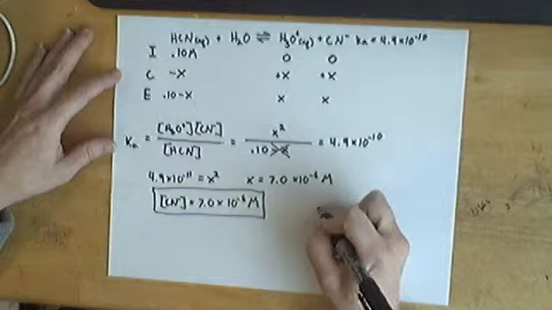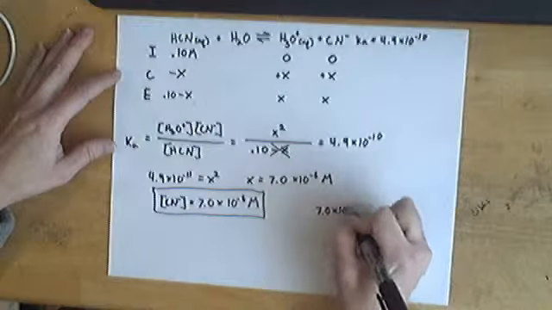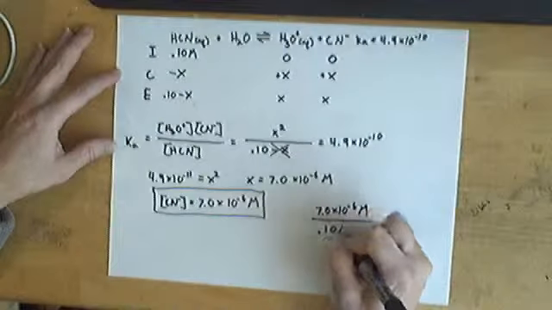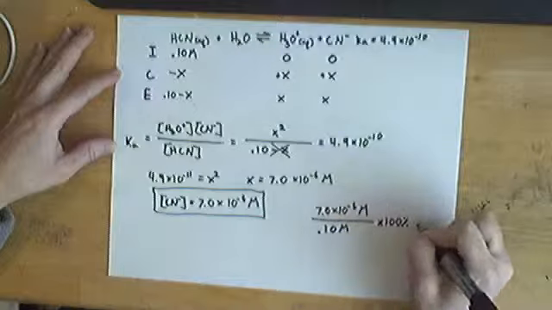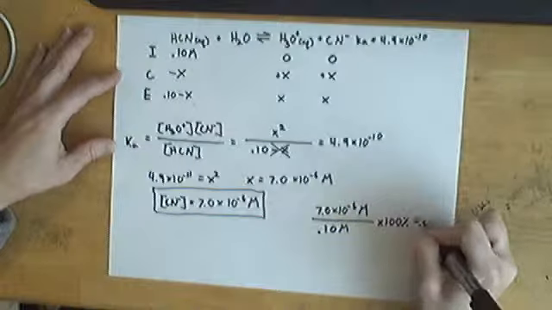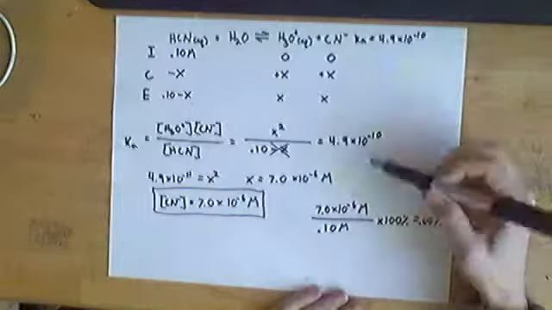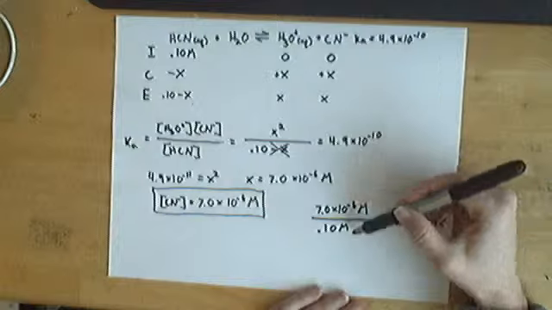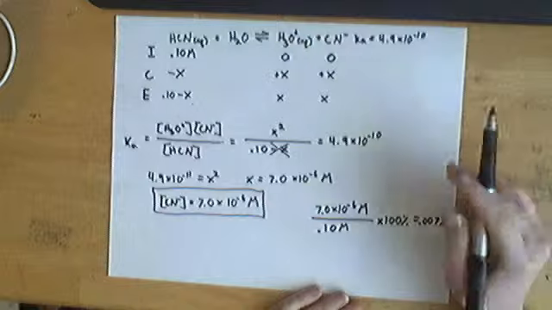So the amount of x here, 7.0 times 10 to the negative 6 molar, divided by 0.10 molar times 100%. Right? And that ends up being 0.007%. So what this tells you is that amount of x was 0.007% of 0.1 molar. So that is definitely an acceptable amount of error, right?